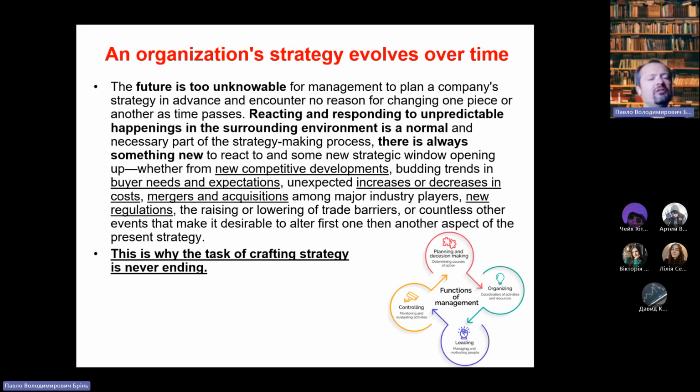But what is more important is that the mentioned functions are interconnected, interrelated, and they are in the cycle of management, as it is presented in this picture. What does it mean?